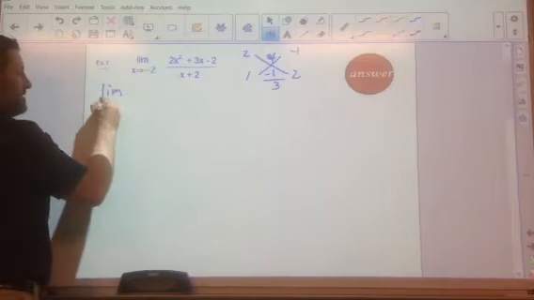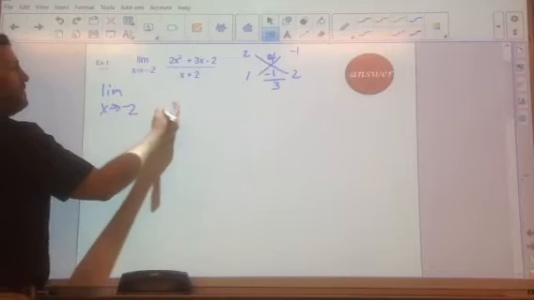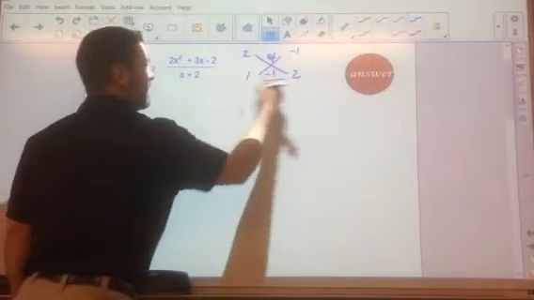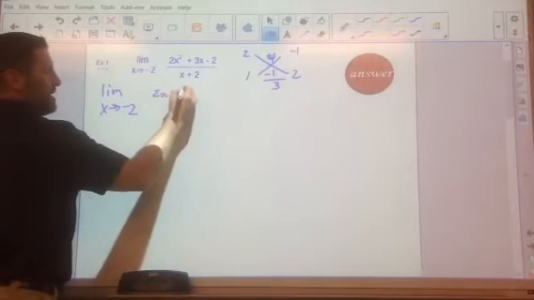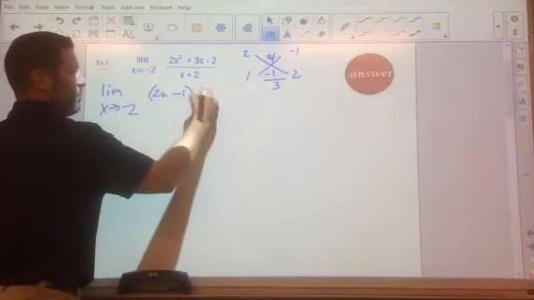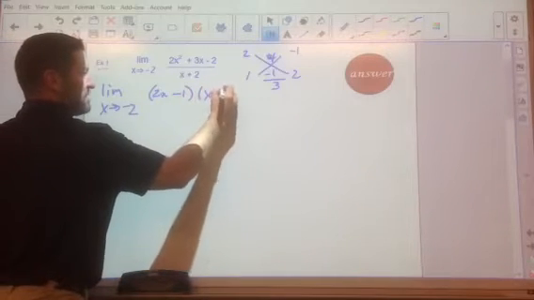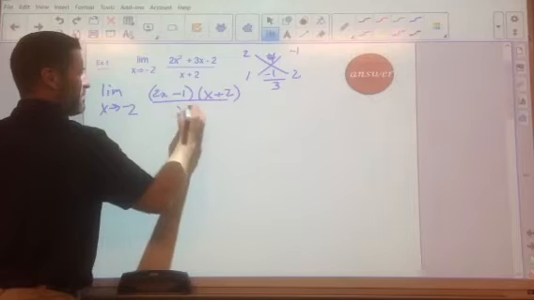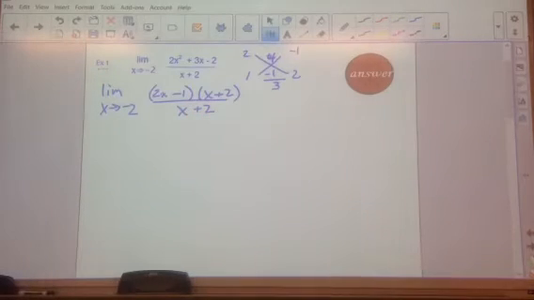So I'll find the limit as x goes to -2 of the factored version, 2x minus 1 times x plus 2, all over x plus 2. And because a math teacher made these up, what is about ready to happen should happen. What is that thing that's about ready to happen right here? What cancels out? Yeah, I see x plus 2's and they wipe each other out.